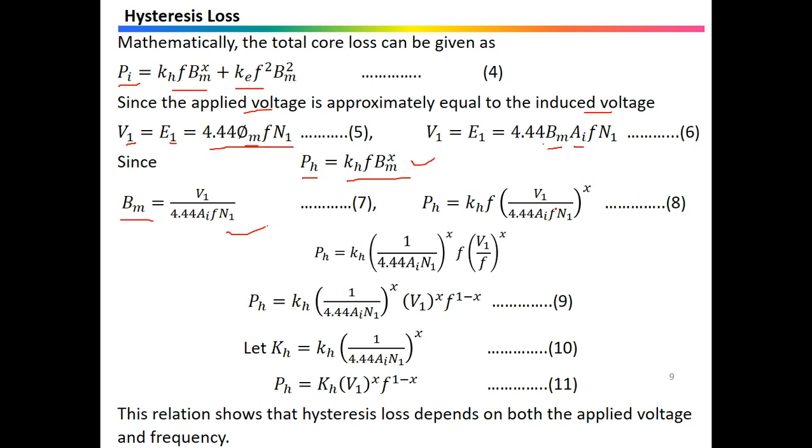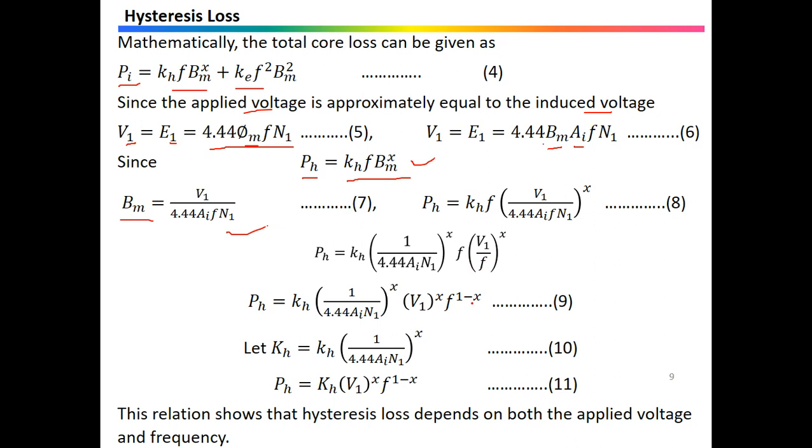Now solving this, I am taking V1 and F on this side. So V1 F raised to power x, F is exactly the same, and all the remaining terms, that is 1 over 4.44 AI N1, will be taken on this side. And on writing it further, we are taking this F on the upper side, so it will be F raised to power minus x.